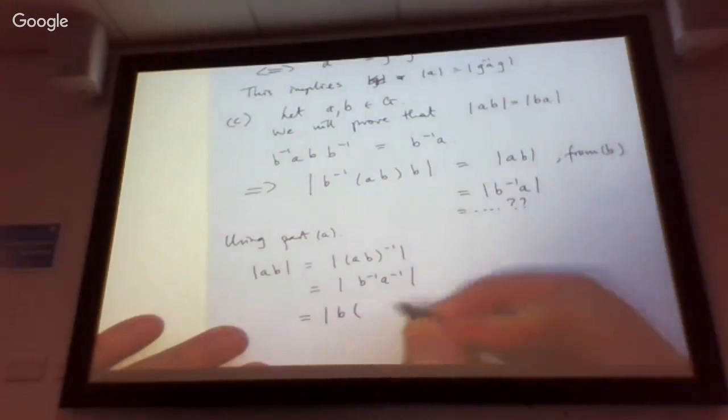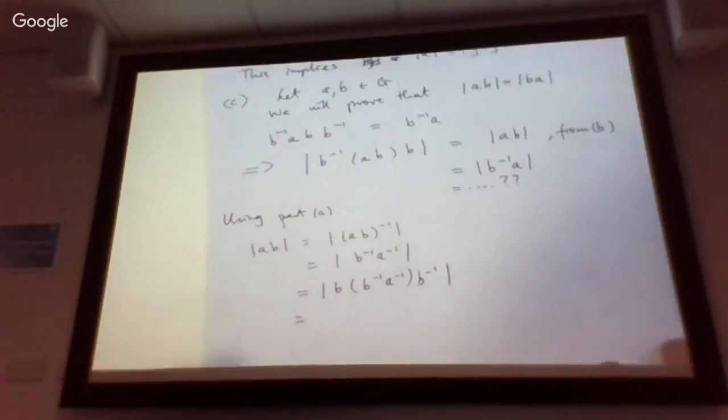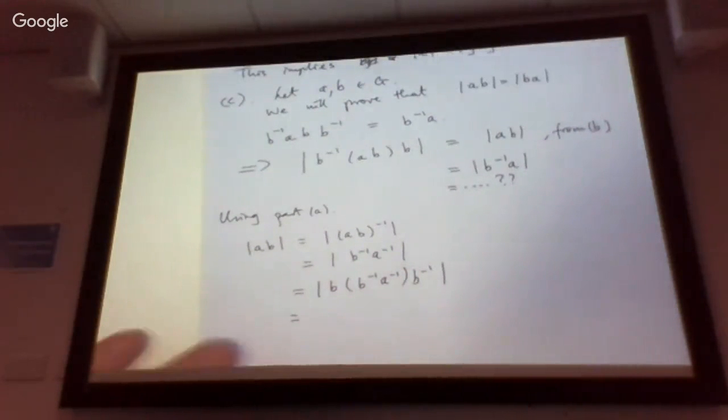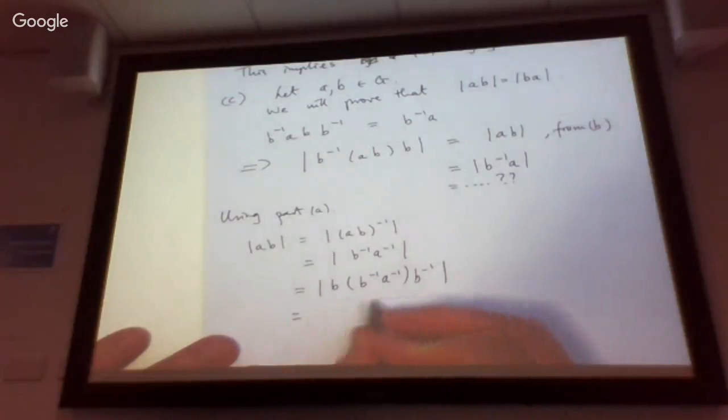We have to allow for the fact that A times B is probably a different element to B times A. But they're not completely unrelated elements. They do share a lot of features, and one of the features they share, supposedly, if we can prove this, is that their order is the same.